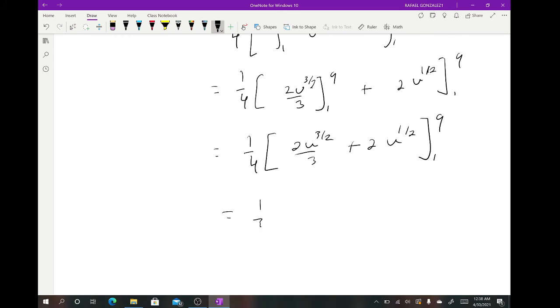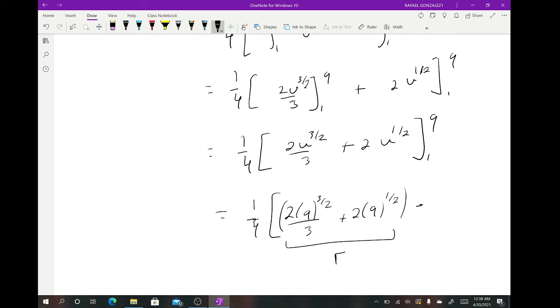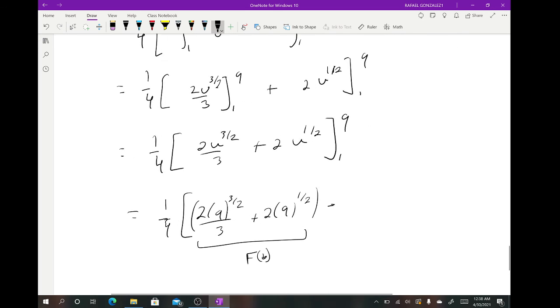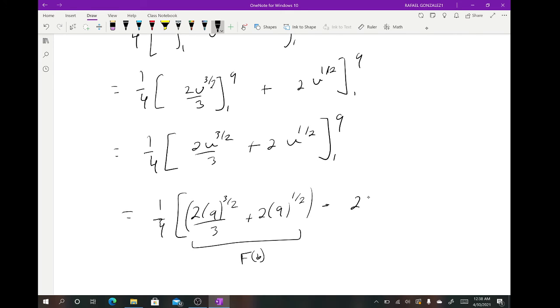And this is equal to 1/4 times (2 times 9 to the 3/2 over 3 plus 2 times 9 to the 1/2), minus, so this is my f of b, minus (2 times 1 to the 3/2 over 3 plus 2 times 1 to the 1/2).